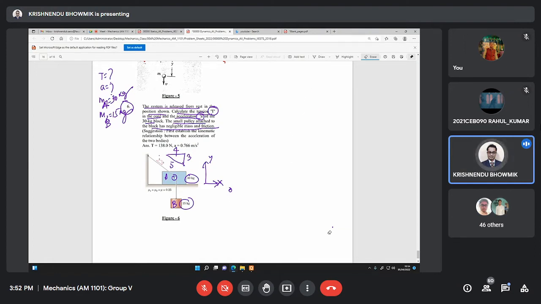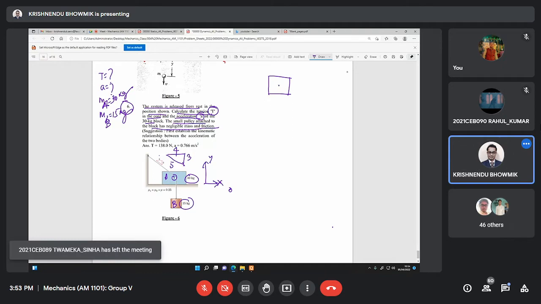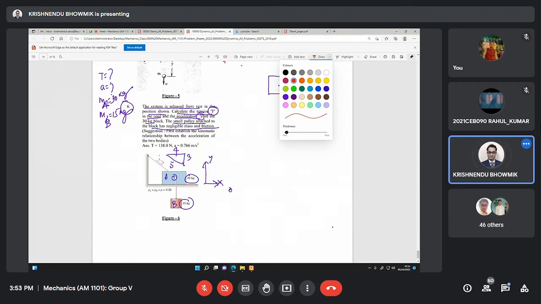Just give me 1 minute. So for this problem, if I draw a free body diagram of block A, then this is the cord tension.